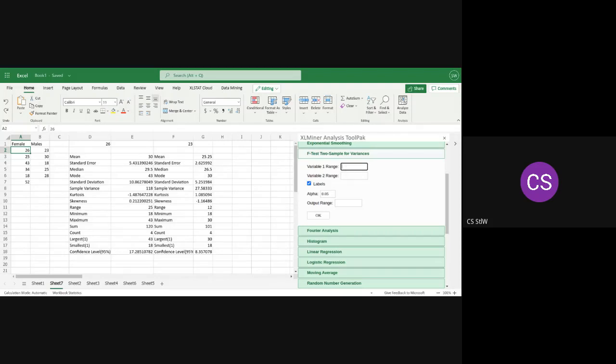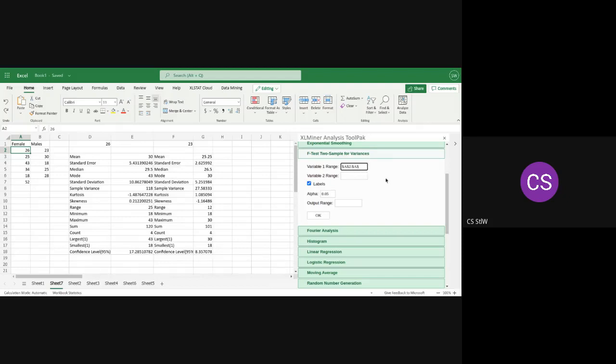column. Our range, remember, I put in dollar signs: from A2, then a colon, and then the dollar sign up to where the column ends.